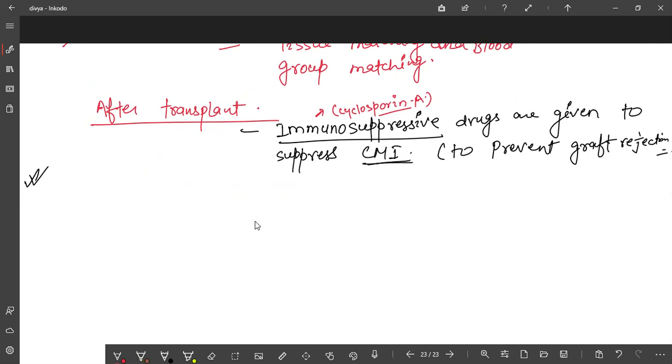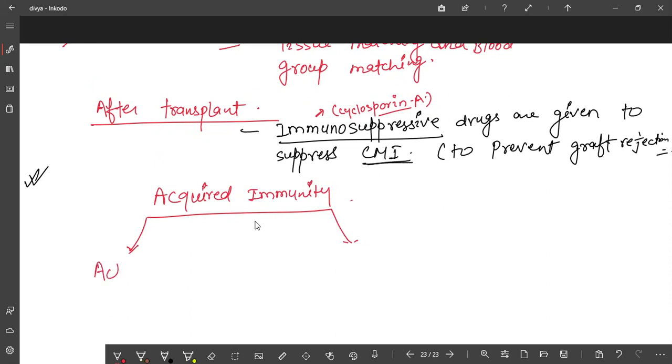For acquired immunity, we have studied humoral immunity and cell mediated immunity. That is a different criterion of classification. This acquired immunity is of two types again.